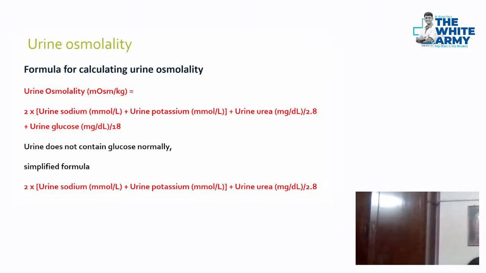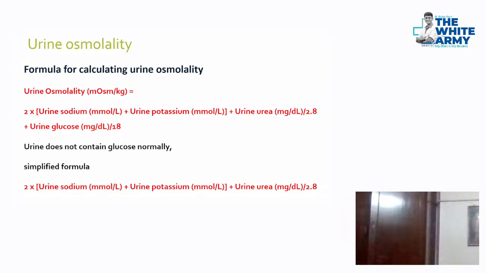So how do you find out the urine osmolality? When we discussed fluid therapy, we said that serum osmolality is equal to 2 into sodium plus potassium plus blood urea nitrogen divided by 2.8 or urea divided by 6, plus glucose divided by 18.